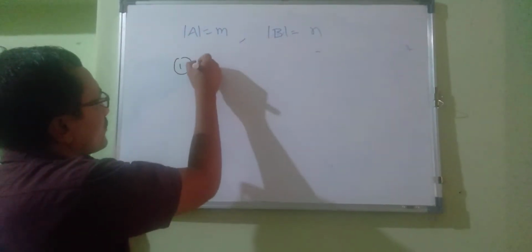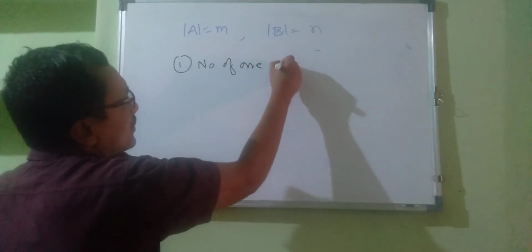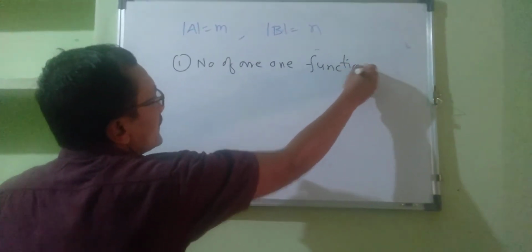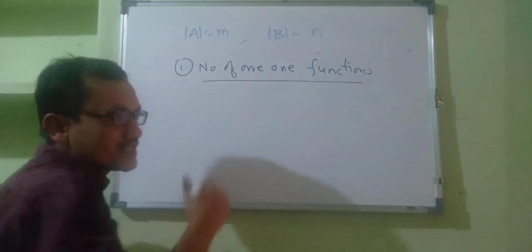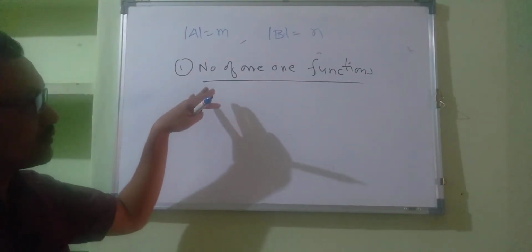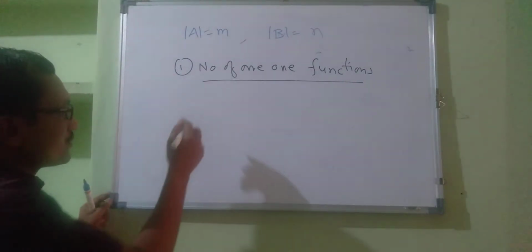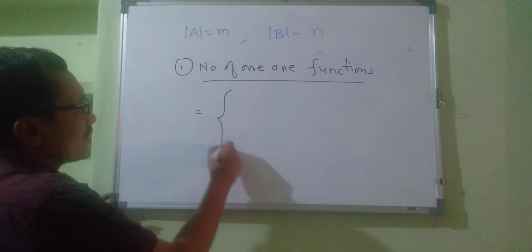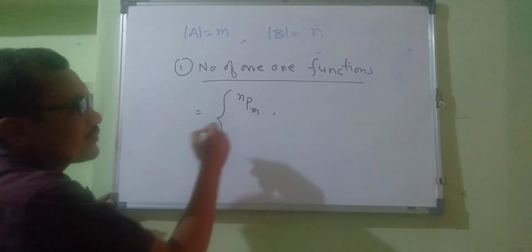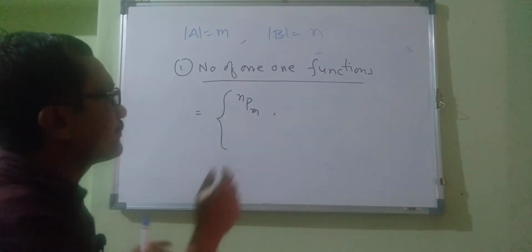In the next lecture we will see what 1-1 functions are, but before that we will see how many 1-1 functions there are from A to B. It has a formula, that is nPm, the permutation of n elements taken m at a time.